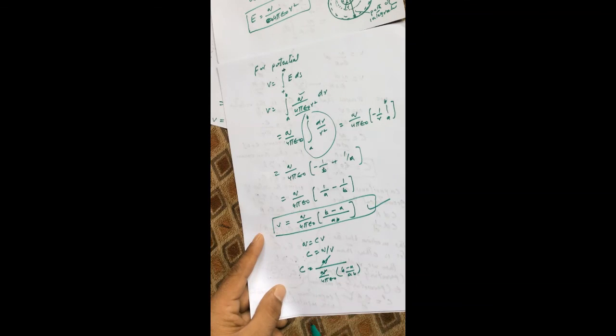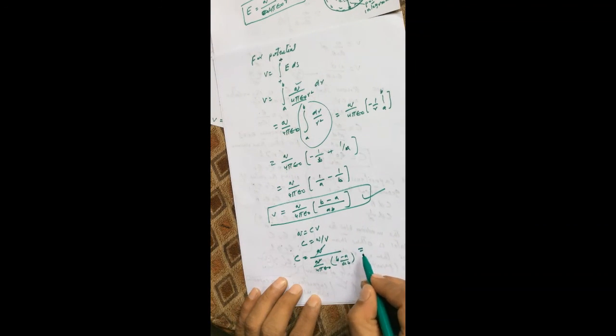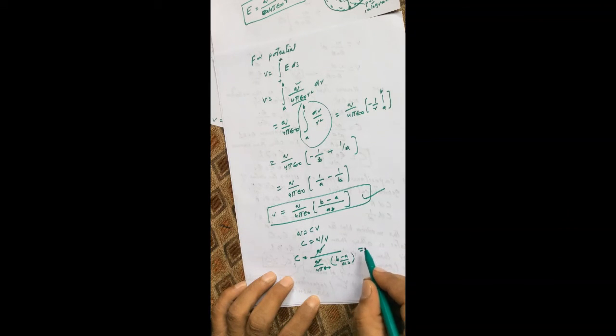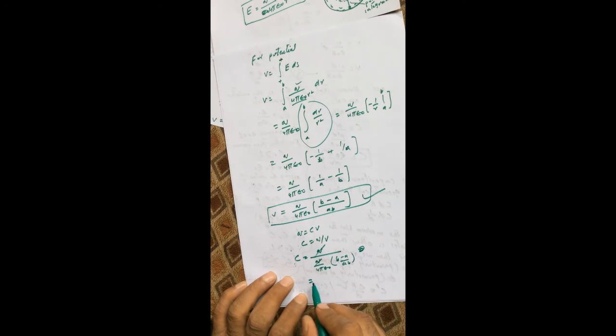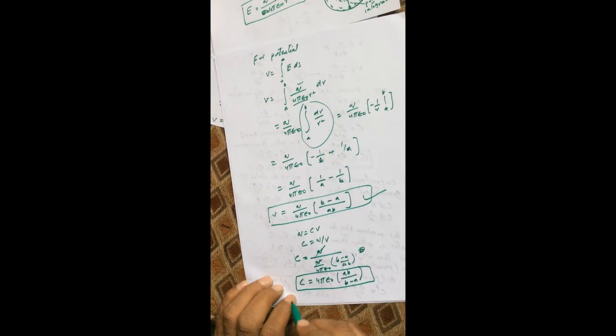Now Q cancels with this charge, so we are left with 4 pi epsilon naught AB over B minus A. This is the capacitance of a spherical capacitor.